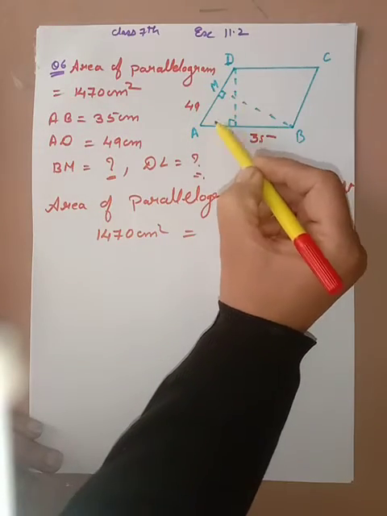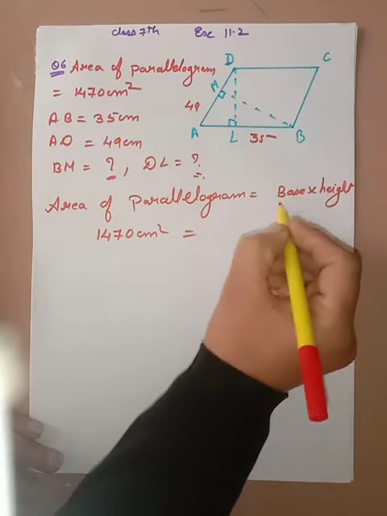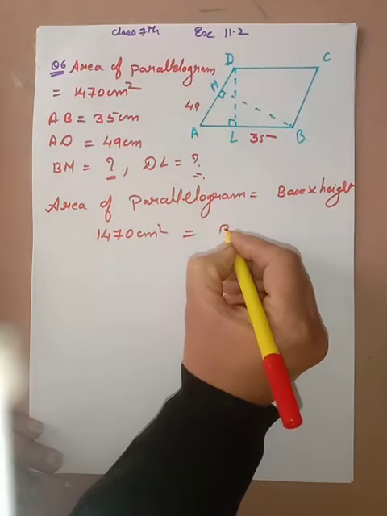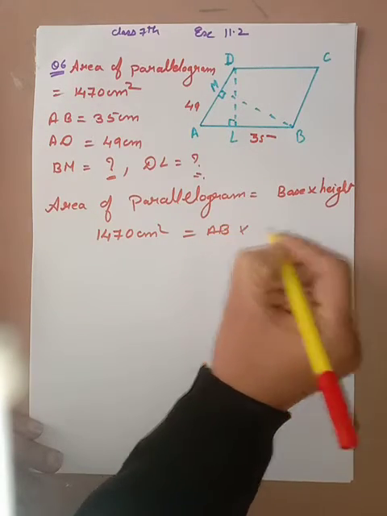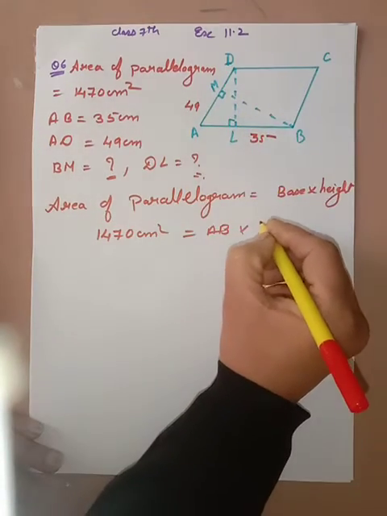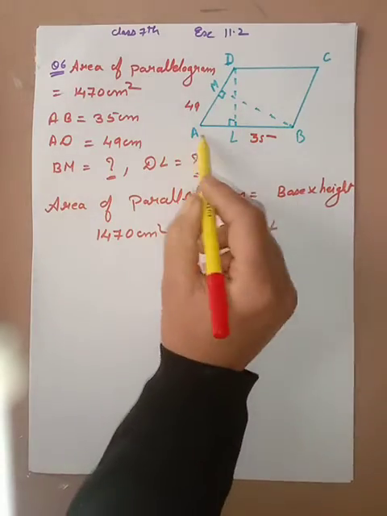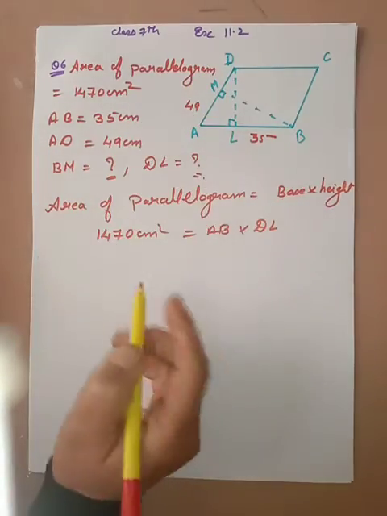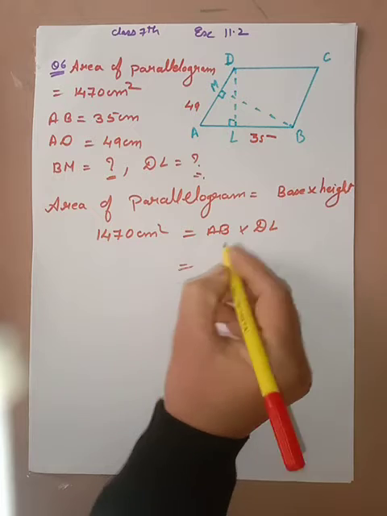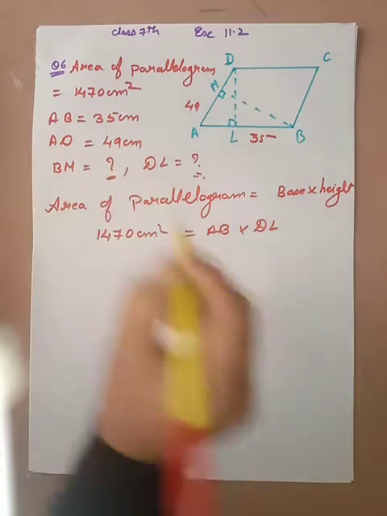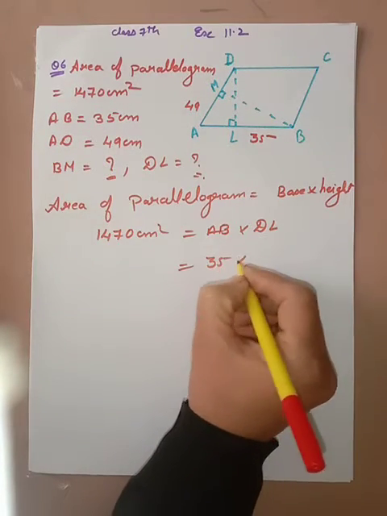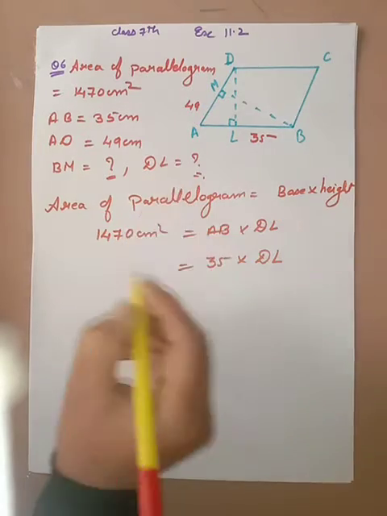Now I will take AB as the base, then the height is DL. AB is given 35 and we have to find the DL.